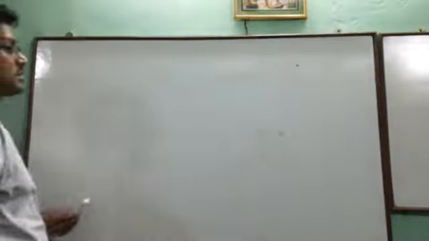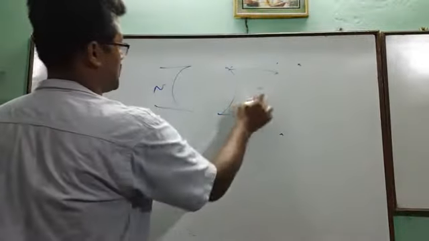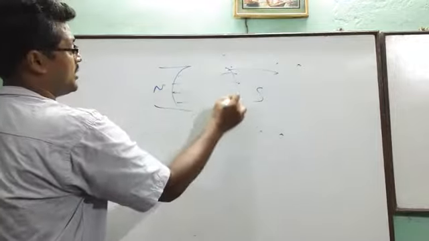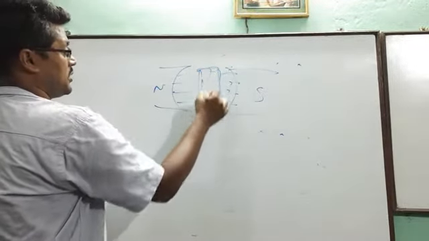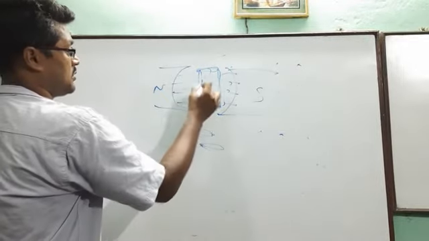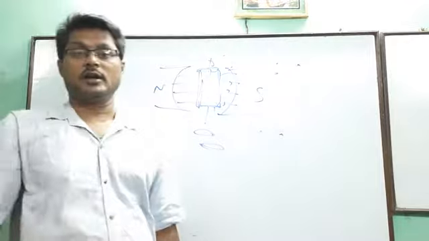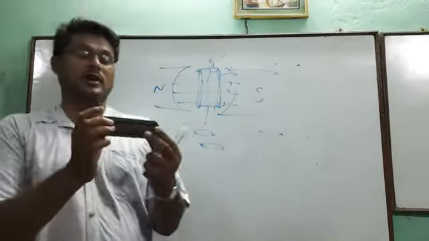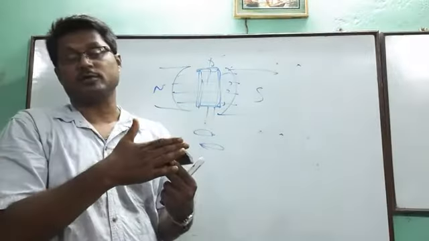How? This is the magnet N pole, this is the magnet S pole. A magnetic field is developed here. Now a coil is rotating. You can consider this is the coil, here the turns are made, and this is the plane of the coil.